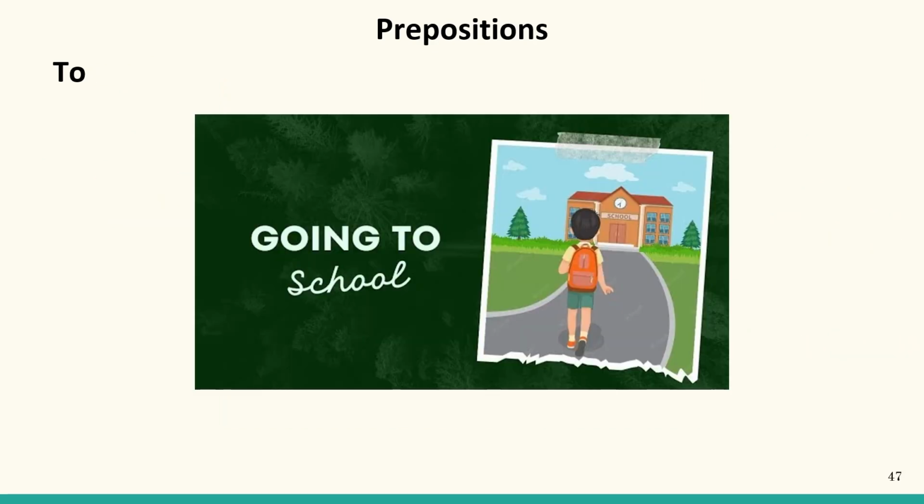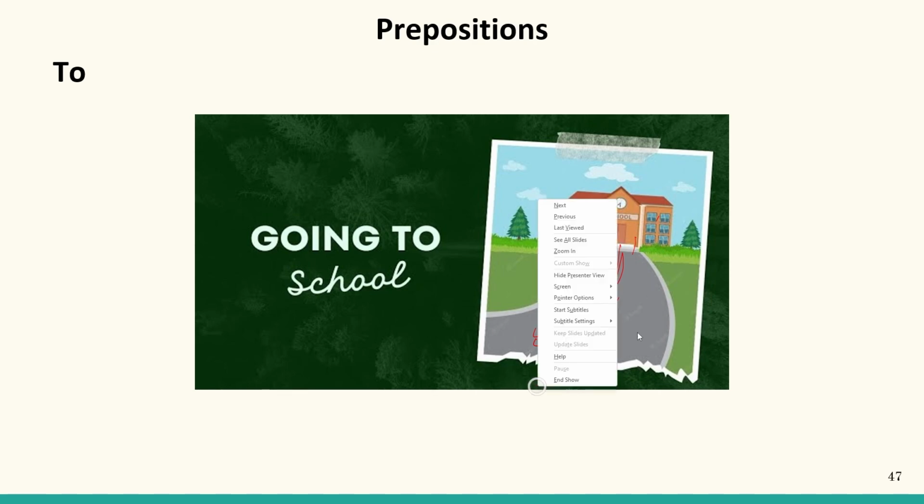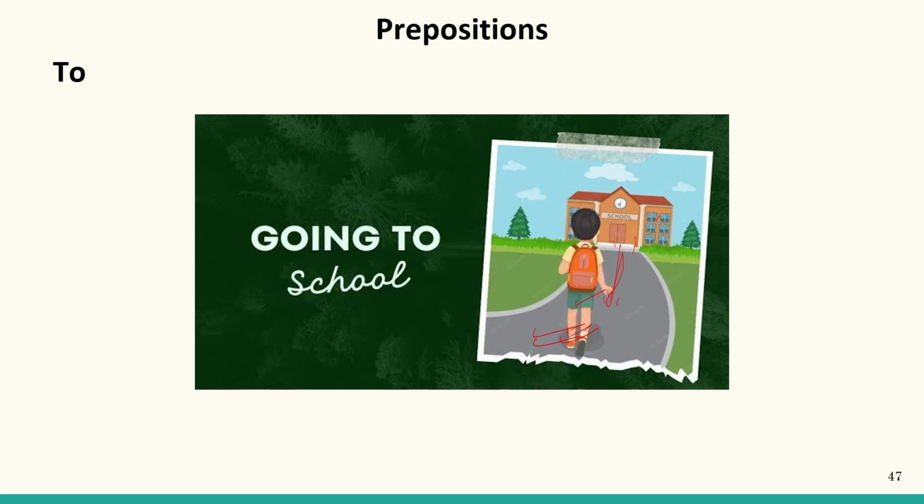For example, if we see this child, he's going to school. Now it is well defined because he has a bag. He is on the path to the school. He is very close to the school, and we know well that this is his school time. So this states that he is going to school. Let us take the name of this boy as Jiansh.